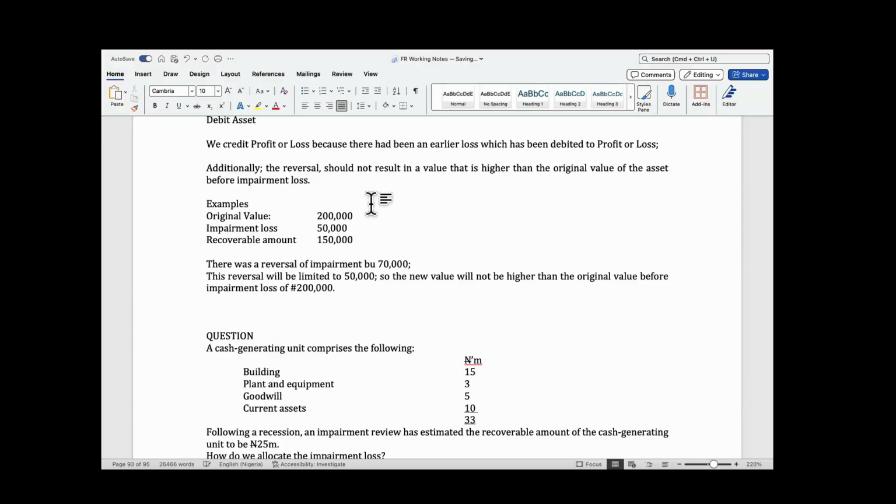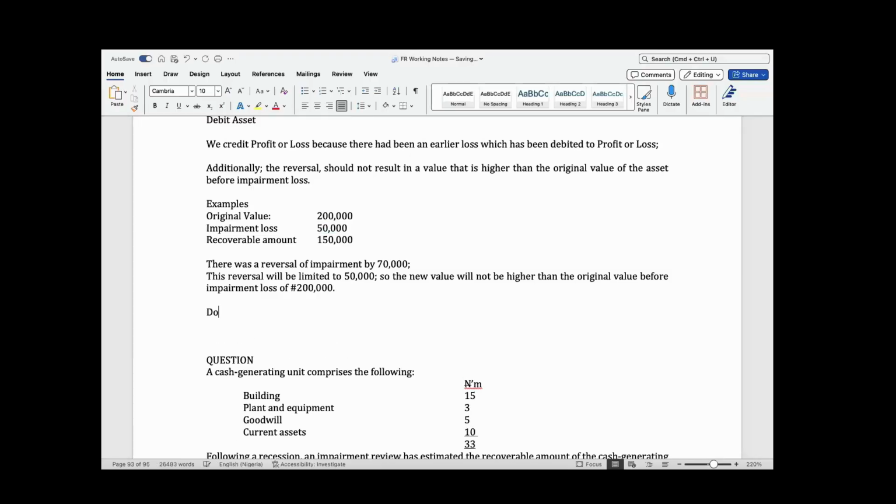It's not possible. You limit the reversal to the loss you have made. You cannot reverse more than the earlier loss, because your new value cannot be higher than the original value.